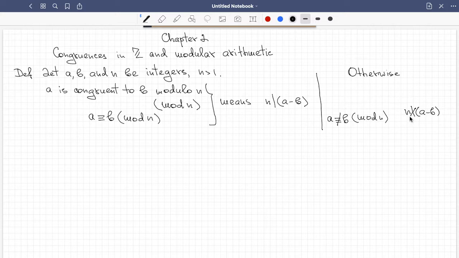That means that n does not divide the difference a minus b.